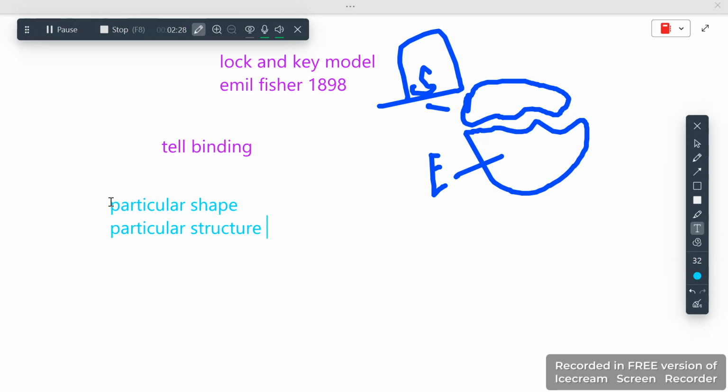We have a particular shape required for binding, and the active site is the middle part where these will attach.